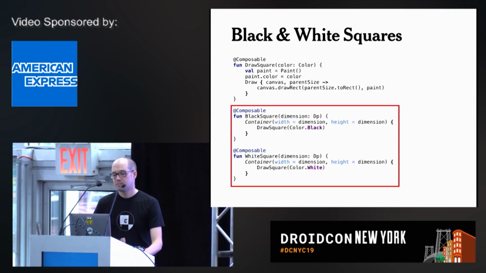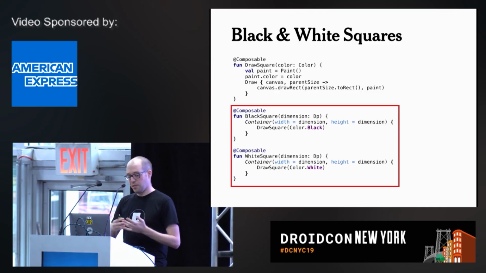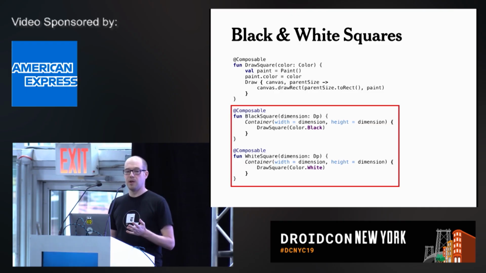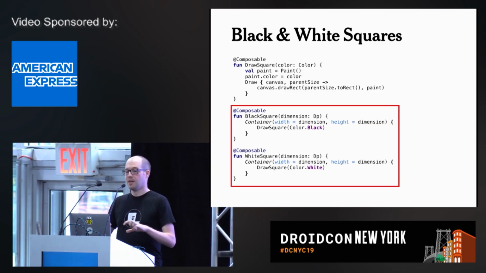So here, we're going to draw a black square and a white square. We're going to specify the dimension of the square, how long one side is. And so we're going to wrap these in a container that specifies the bounds. And then we'll call our draw square, which will fill in the drawing right there within that container and expand that out.